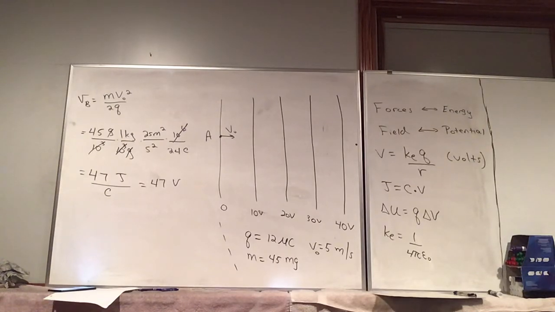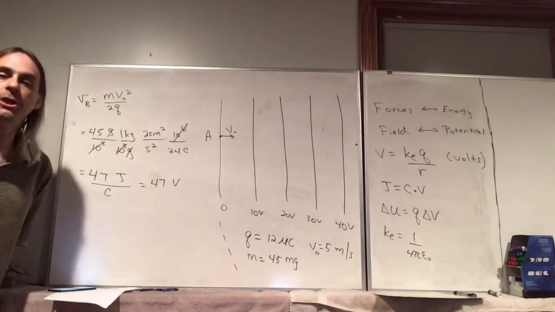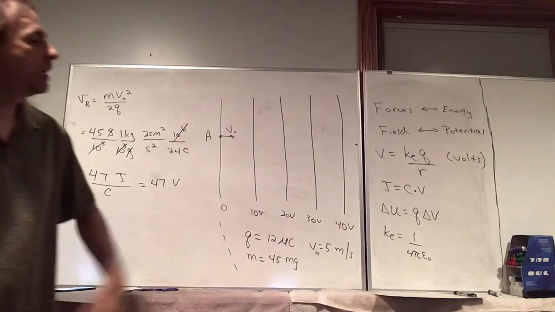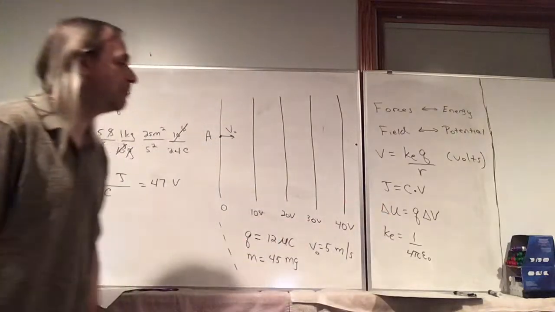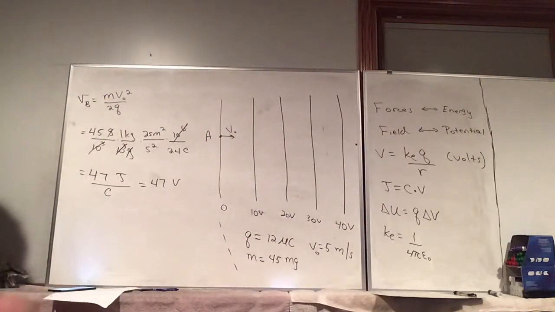So yes, when you have electrostatic fields, you can always use conservation of energy, and so this equation is extremely useful. And I think we'll stop here for this video.